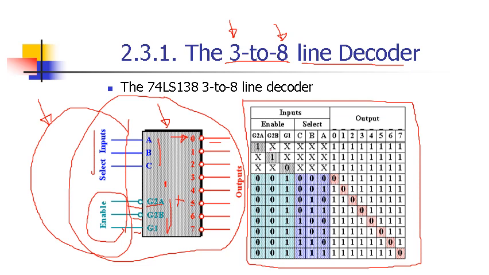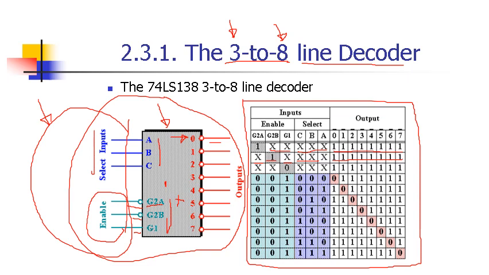Regardless of what you provide for G2B or G1, or what select lines, they will provide all 8 outputs high. Okay, and your decoder is useless then. Same thing if your G2B is high, regardless of the rest of your inputs or the select lines, your outputs will be all high.